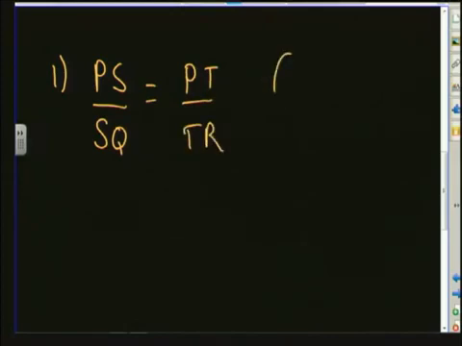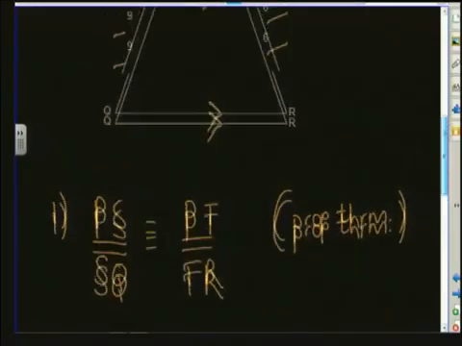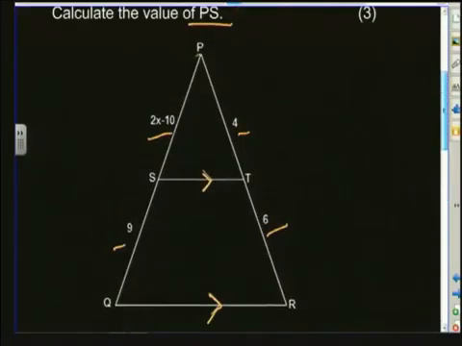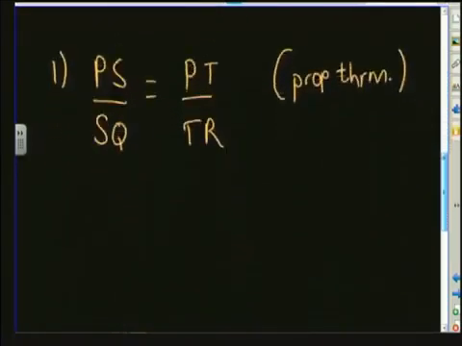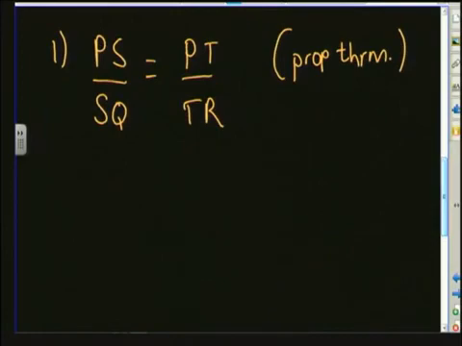And here you can simply write your reason as proportion theorem. Or if you want to, you can name the parallel sides. So going to the diagram, we're saying that PS over SQ is equal to PT over TR, and that's a straightforward application of the proportion theorem.